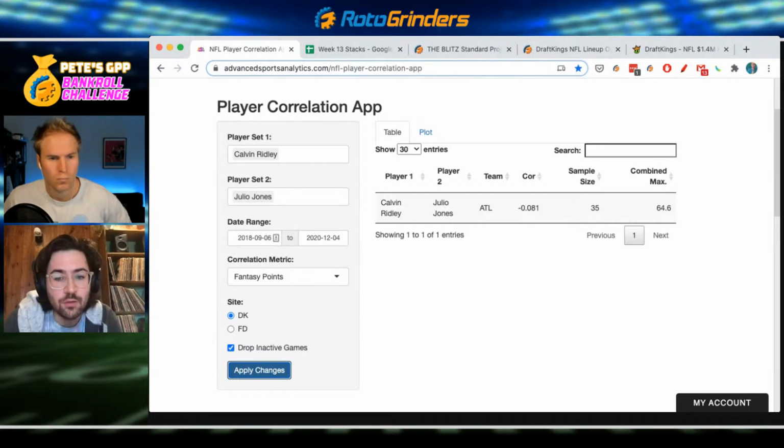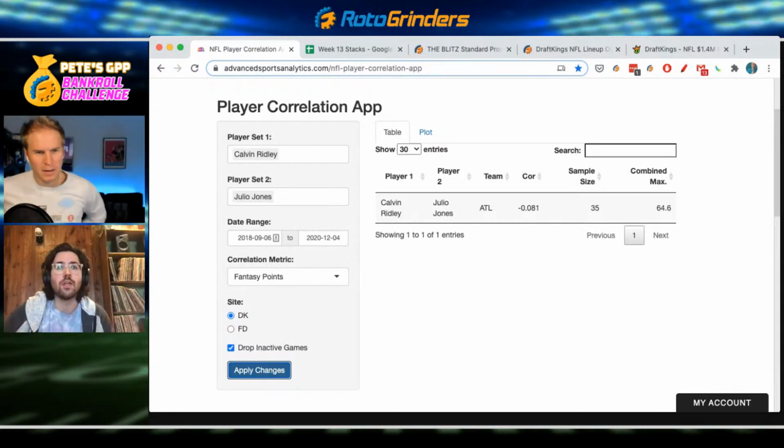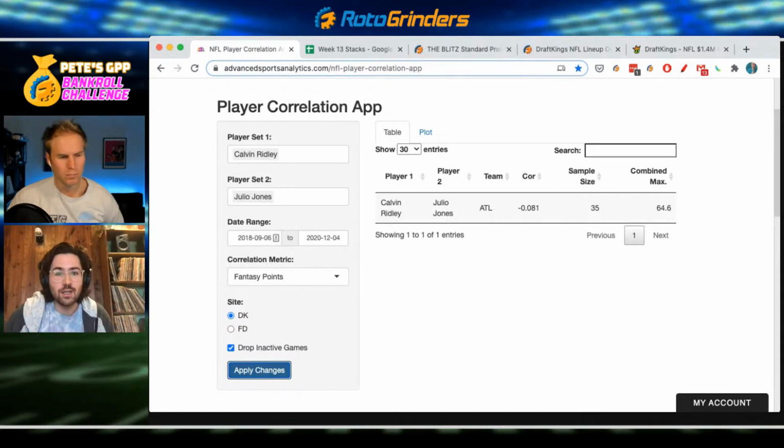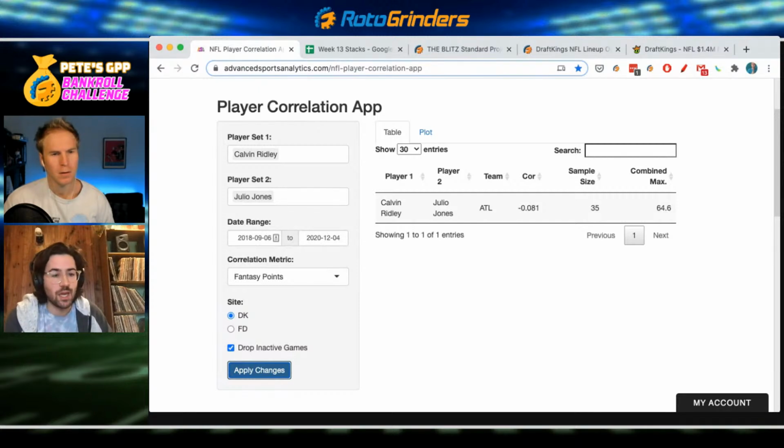Julio has a 95th percentile of 36 fantasy points. Ridley over the last 2 years has had a 95th percentile of 33. So 69, a nice ceiling for each of those guys. But because there's not exceptional correlation, there's just not a high likelihood of both those guys reaching that 95th percentile outcome in the same game, right?